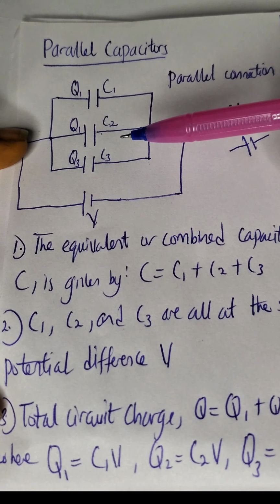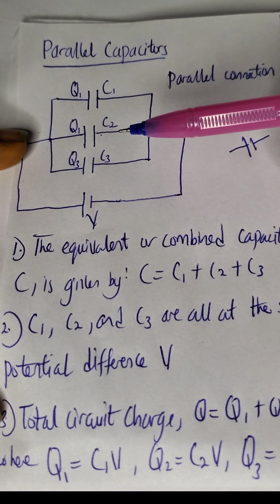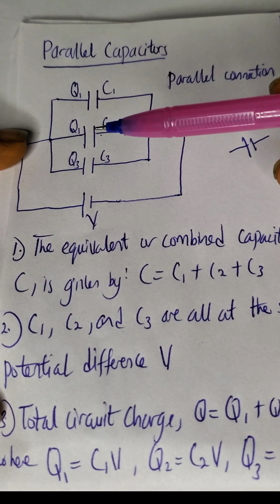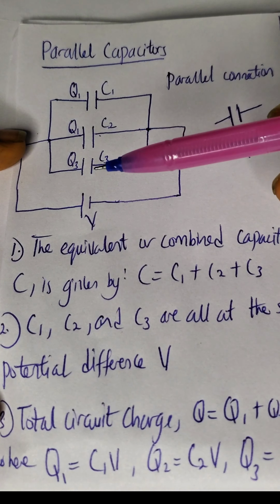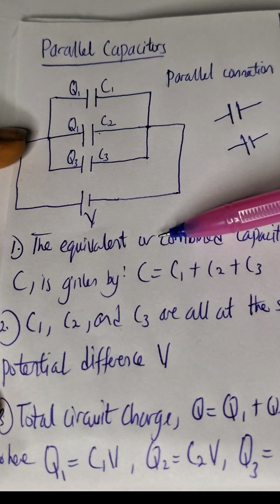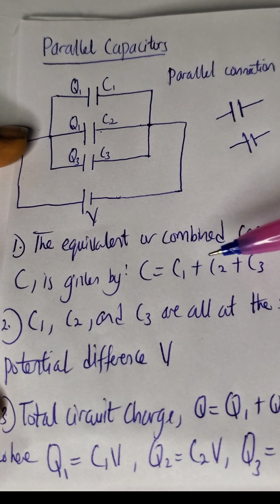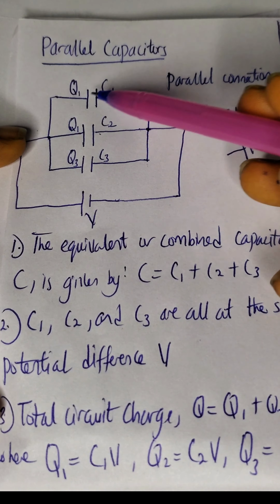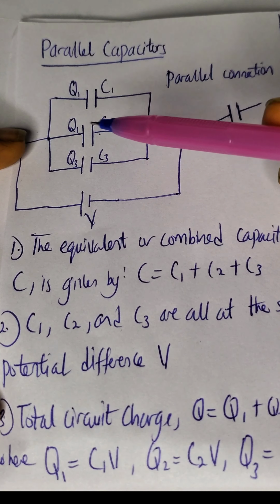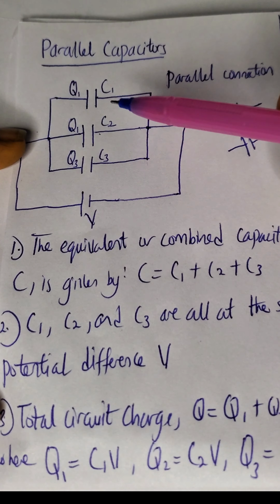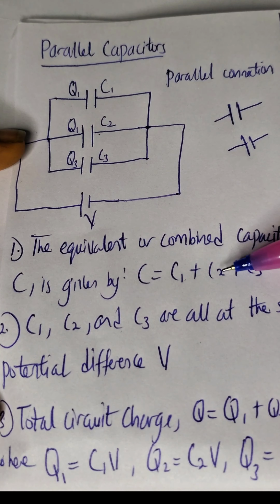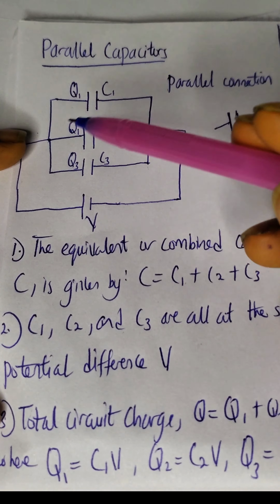So for you to be able to solve questions involving parallel capacitors, you need to know certain rules. The first one is that the equivalent or combined capacitance is given as C equals C1 plus C2 plus C3. In this connection, the equivalent capacitance is equal to C1 plus C2 plus C3 when you're talking about a parallel connection.